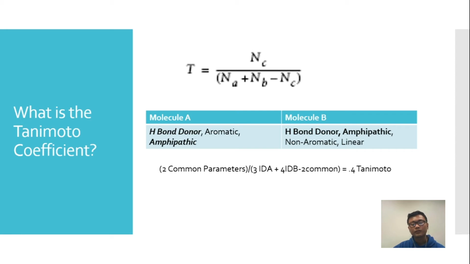N of A refers to how many individual parameters molecule A has. So there are 3 descriptors, so N of A is 3. For molecule B, N of B is the same thing. We can see, according to the Tanimoto equation, these two molecules have a Tanimoto coefficient of 0.4.